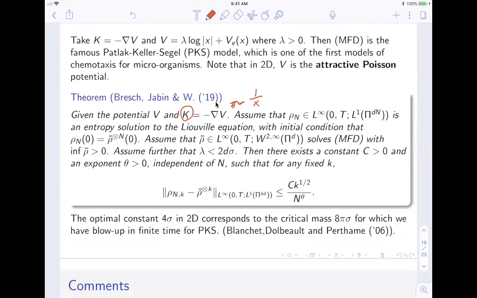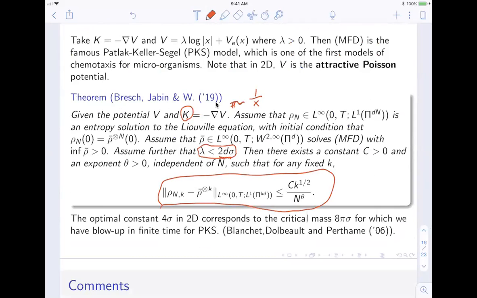So we can have the explicit convergence from the particle system to the Patlak-Keller-Segel model. This is our estimate. Of course, there are a lot of details I omit here. And we can do it for d equals 2. This choice of lemma is actually optimal. Why?